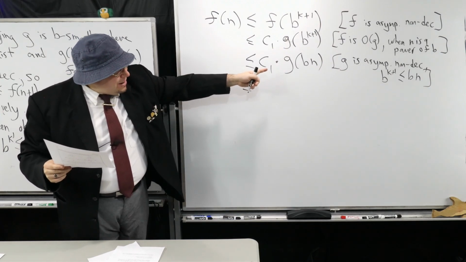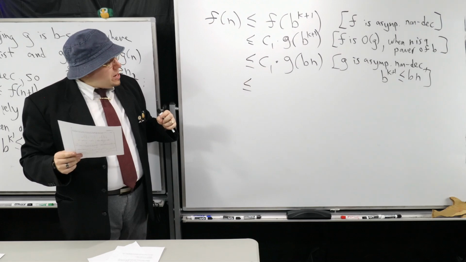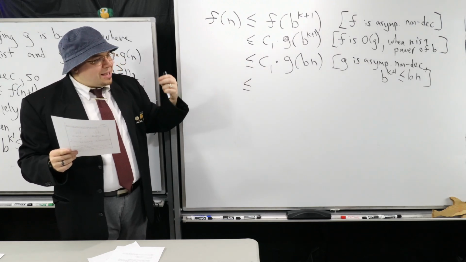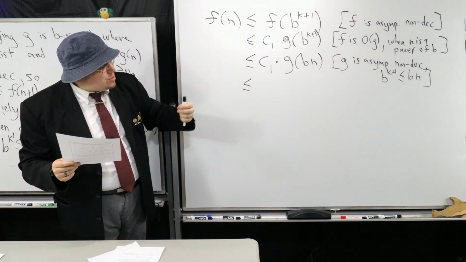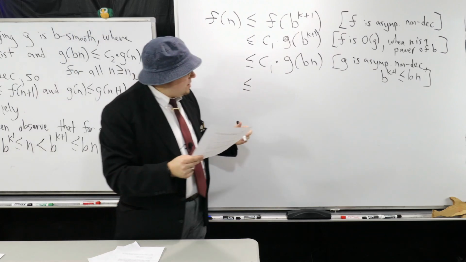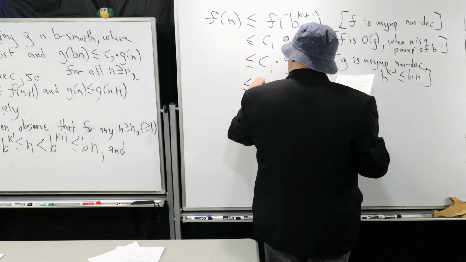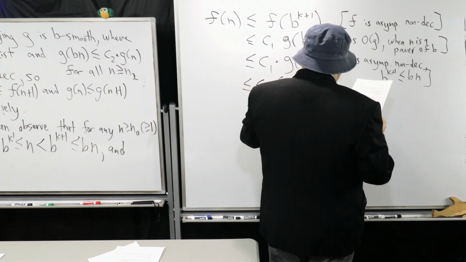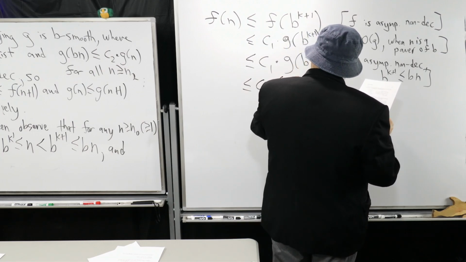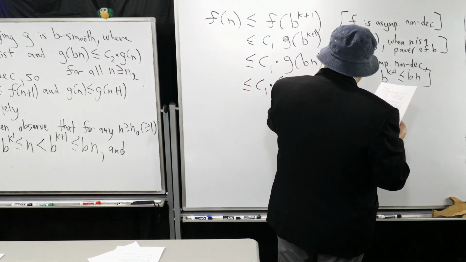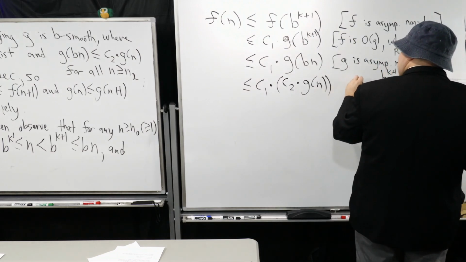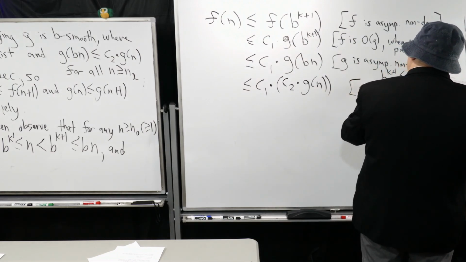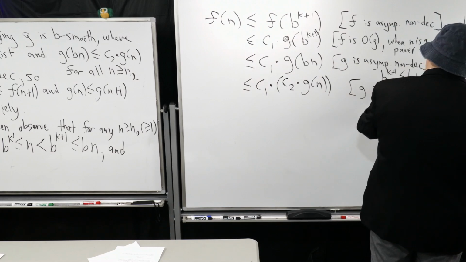Look what we got right there. We have g of bn, and we established that it's less than or equal to some constant times g of n. So I'm just going to put that in: C1 times C2 times g of n. This is because g is smooth, and as we established, smooth functions are b-smooth.